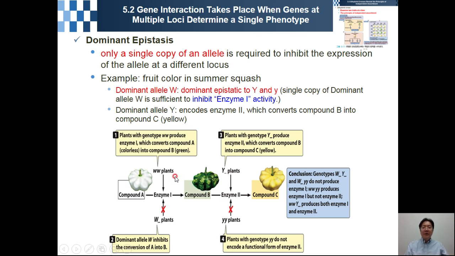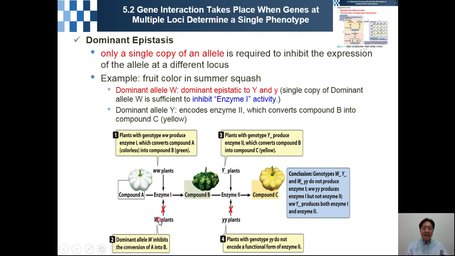When plants with genotype small w produce enzyme 1, which converts compound A, which is colorless, into compound B, which is green.